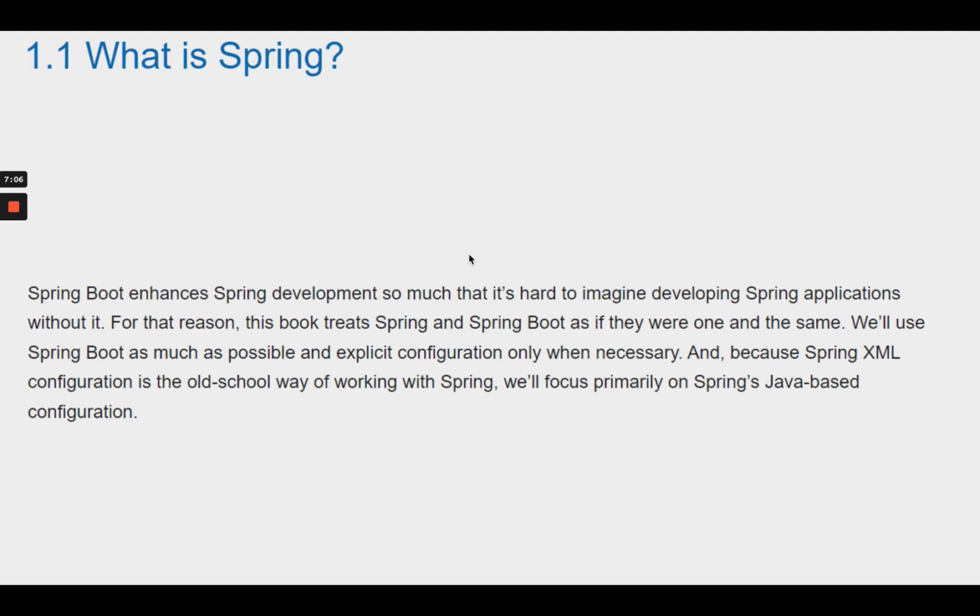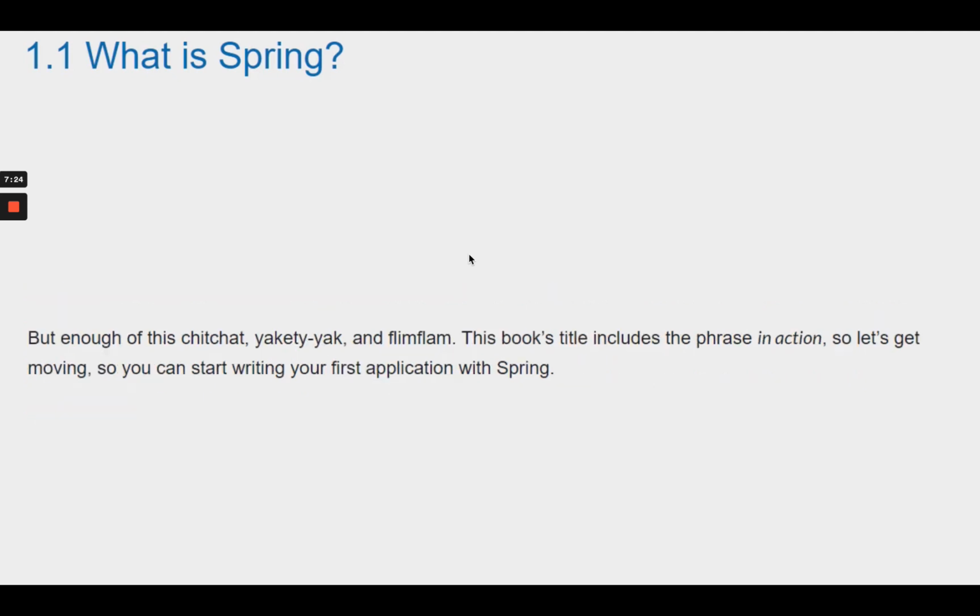For that reason, this book treats Spring and Spring Boot as if they were one and the same. We'll use Spring Boot as much as possible and explicit configuration only when necessary. And because Spring XML configuration is the old-school way of working with Spring, we'll focus primarily on Spring's Java-based configuration.